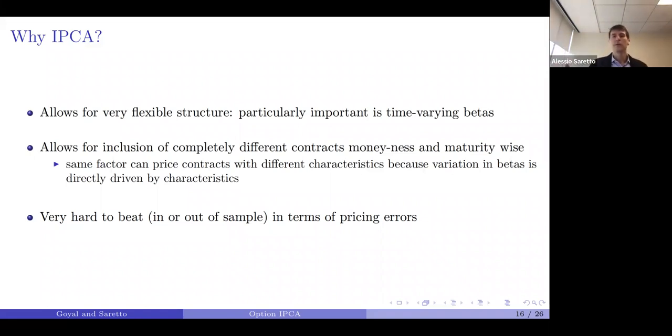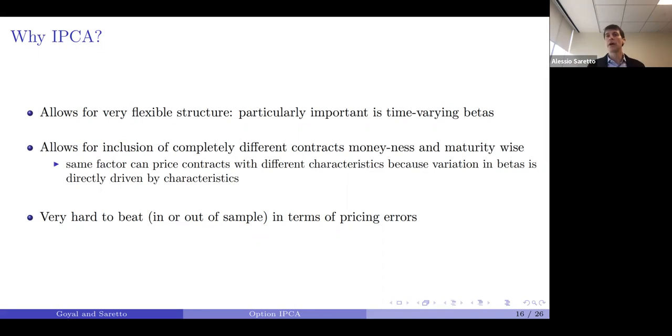Now, we did not invent IPCA. This is not our contribution. The thing is that IPCA has been used for a bunch of other asset classes. It's very hard to beat in terms of pricing errors, but it's particularly useful.